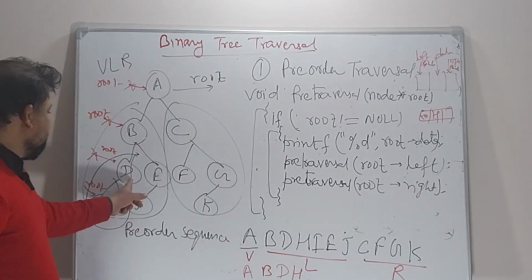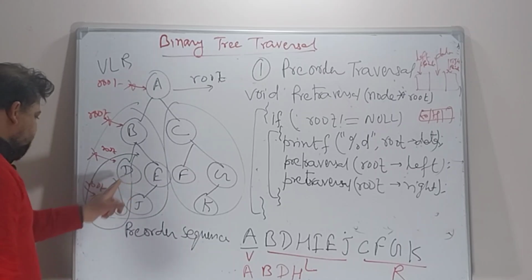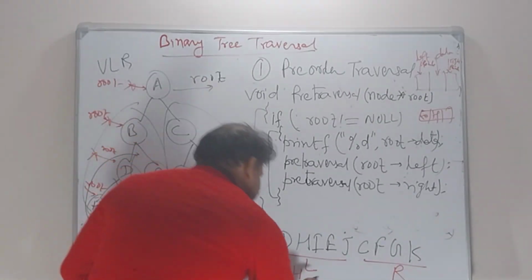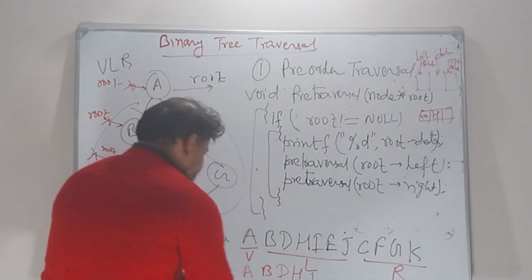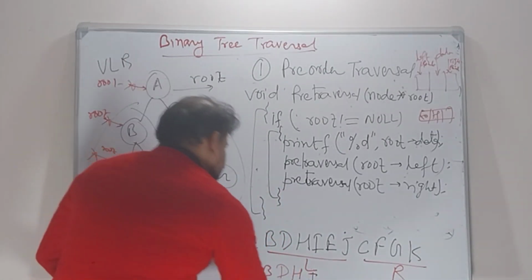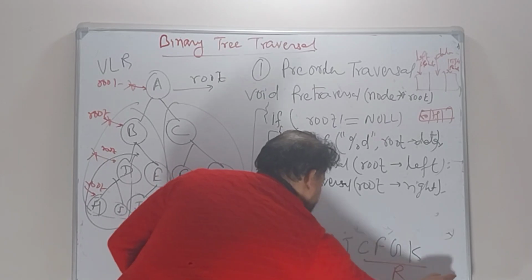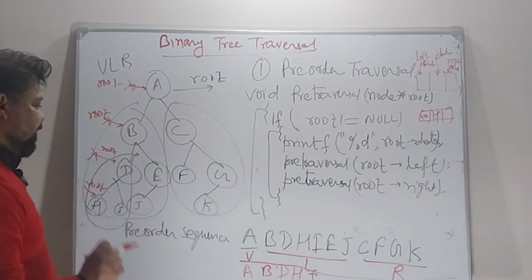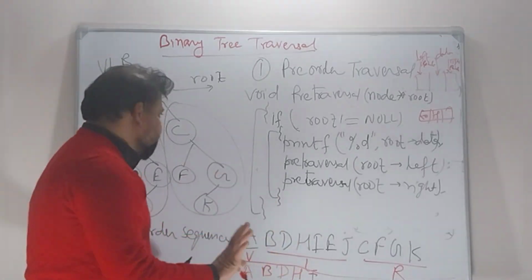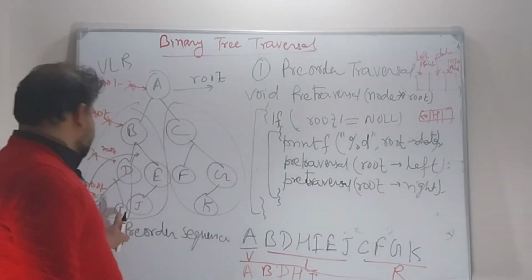So it will come to the root there. So it will come to the right. The right side is i. So it will go to print i here. Once again, it is i. Then after this i, once again it will go to the top, checking whether it is null.